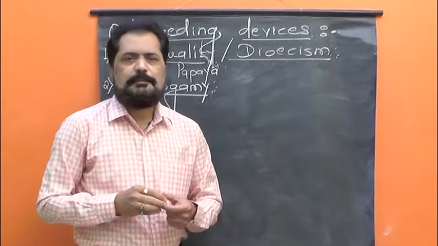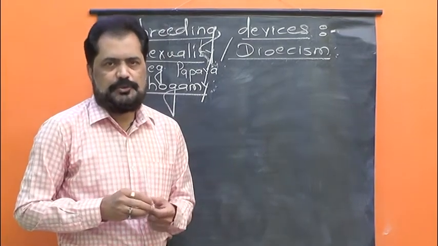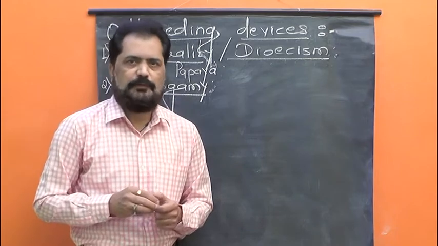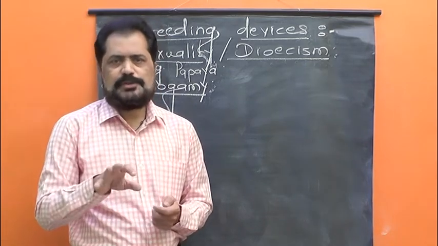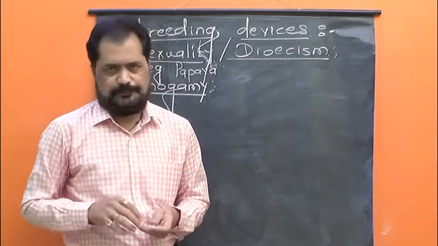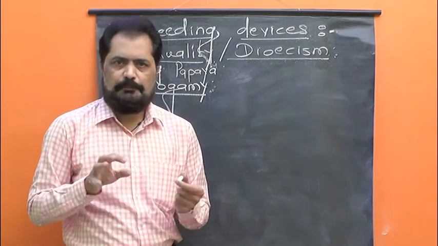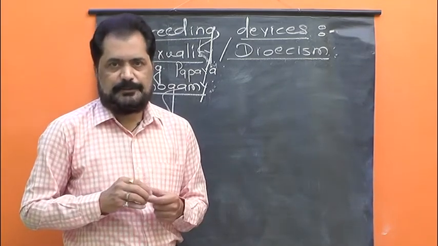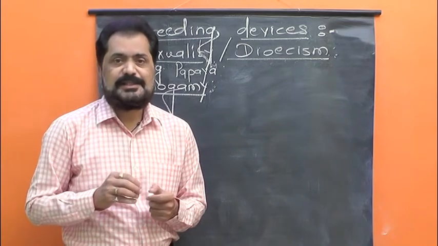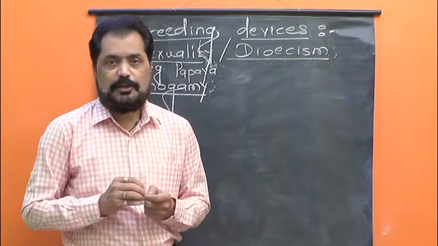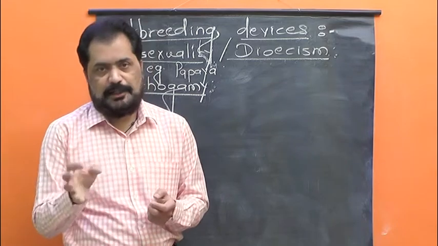Now, second contrivance, second outbreeding device, that is Dichogamy. Dichogamy is the mechanism in which the plant produces bisexual flowers, but there is difference in the maturation period of stamen and carpel.